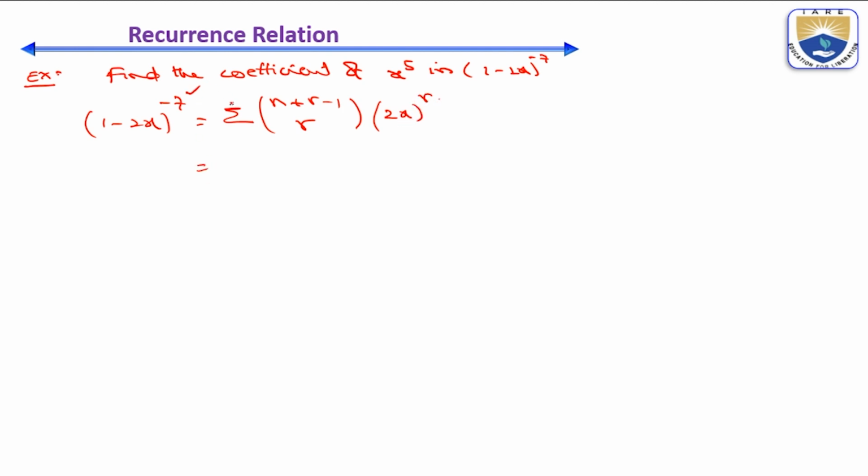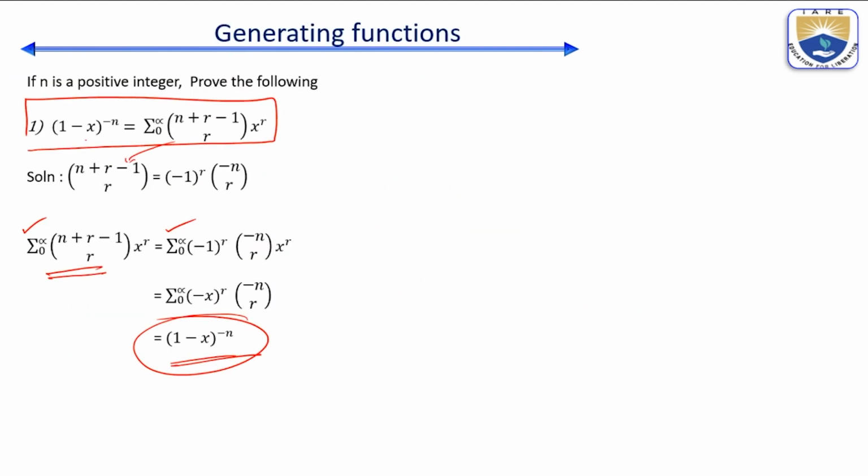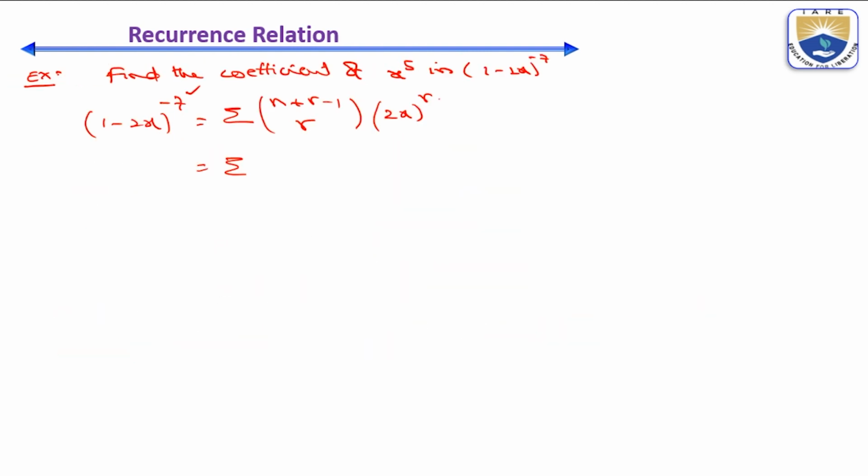Here n is equal to 7. This we already solved. We derived this, (1 minus x) whole to the power of minus n. So the same we are going to take here with n equal to 7. So 7 plus r minus 1 Cr, then 2 to the power of r, x to the power of r. Then it is summation 6 plus r Cr, then 2 to the power of r, then x power r.